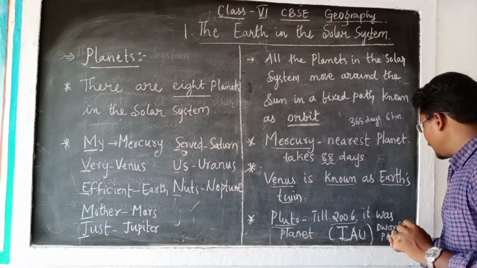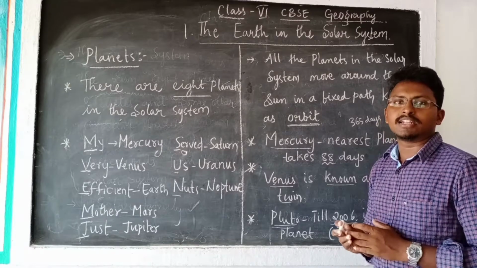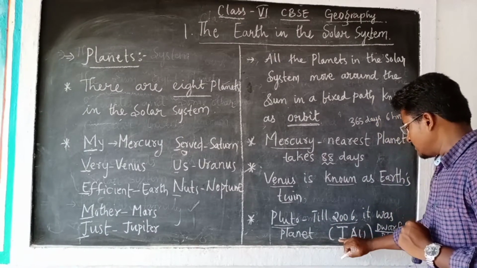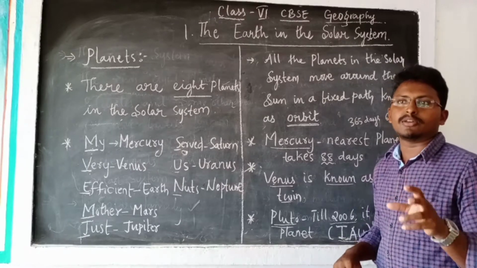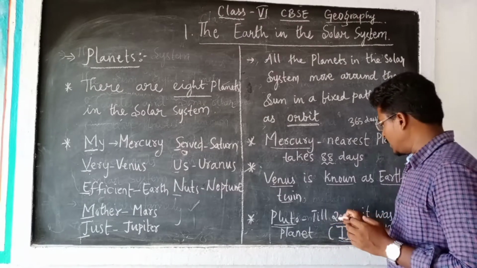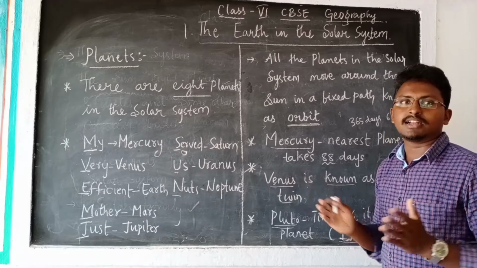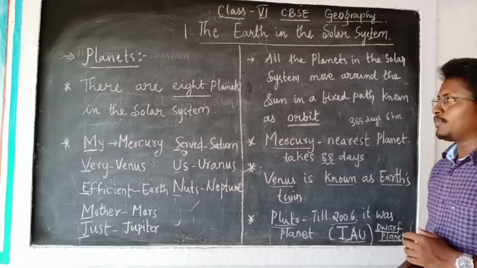That is why it is now known as a dwarf planet, and it is no longer considered a planet. Why? Because the International Astronomical Union declared that after 2006, Pluto is no longer considered a planet. It is now considered a dwarf planet.